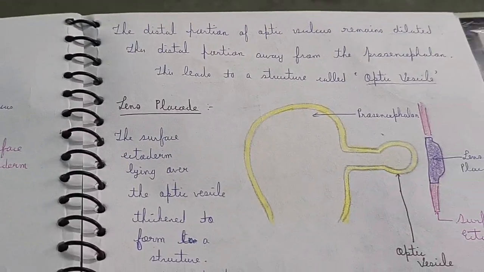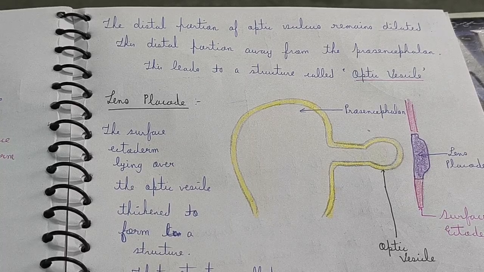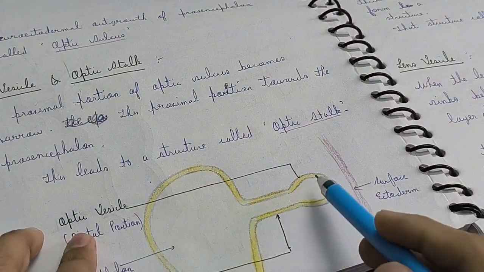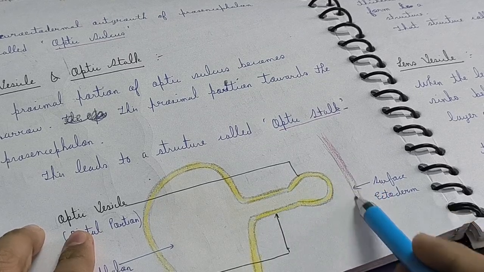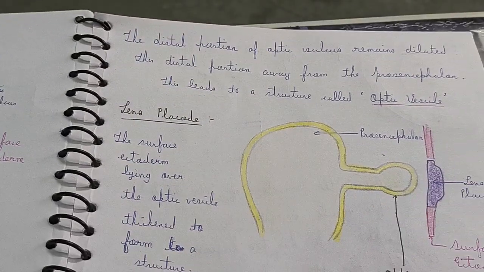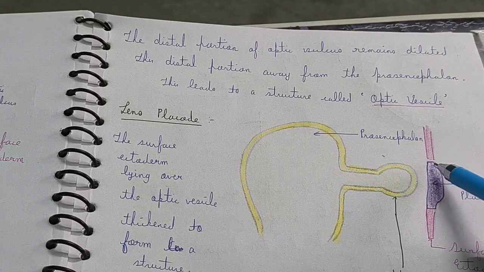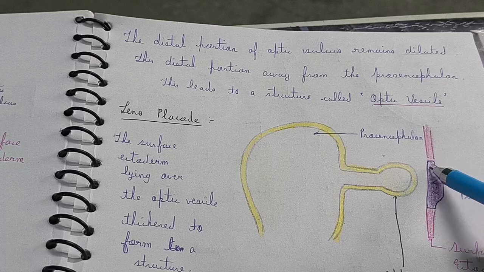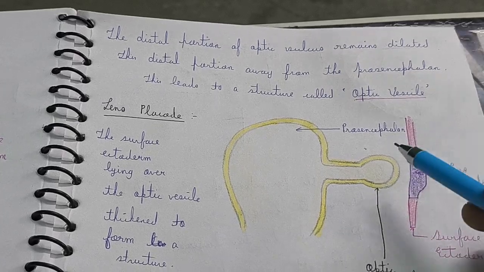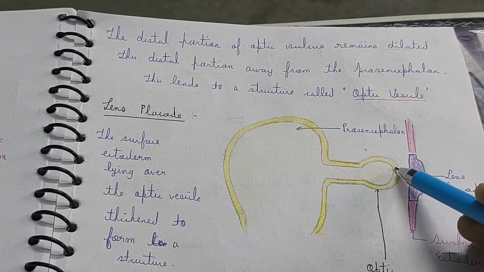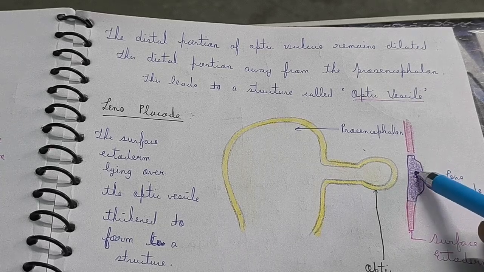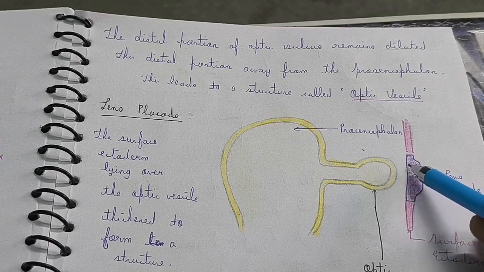Now you have to understand what is the lens placode. With respect to this optic vesicle, surface ectoderm lies over it. Similar to the case of neural plate formation, here you can see this portion of surface ectoderm lying over the optic vesicle.